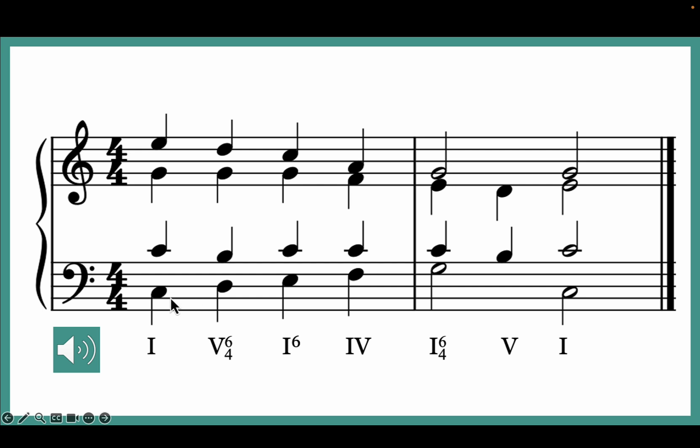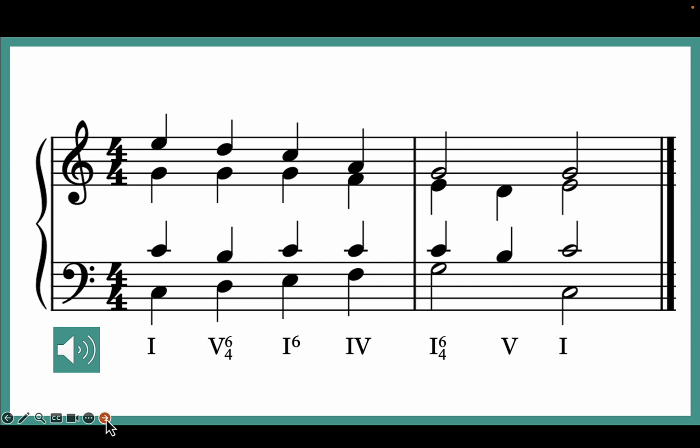So our bass line is walking C, D, E, and that 5/6/4 is acting as a passing 6/4. And then we have a cadential 6/4 here, the 1/6/4 before the 5. We have our so, do type of movement. So we have a cadential 6/4.